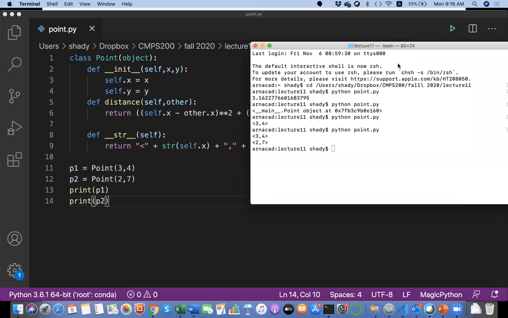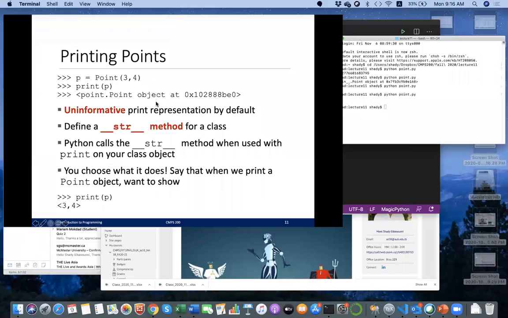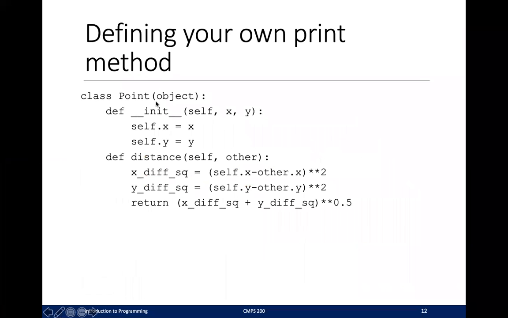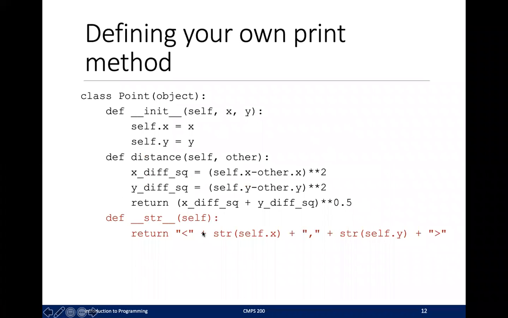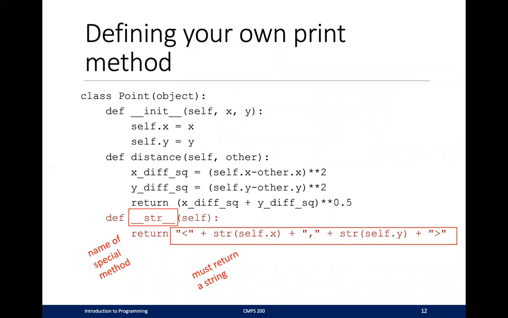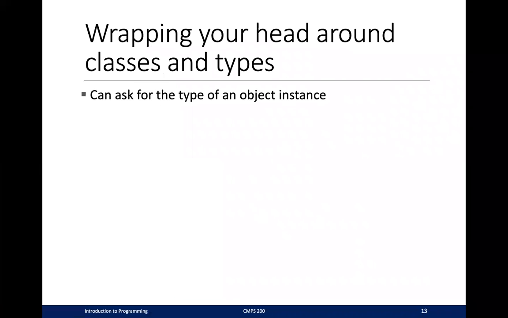Questions, problems, connection issues? Okay. So I added this function string, which takes parameter self, and we print it as we've seen. This function string always returns a string, remember.